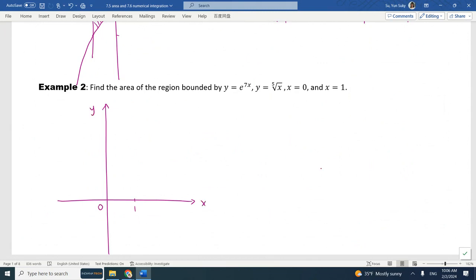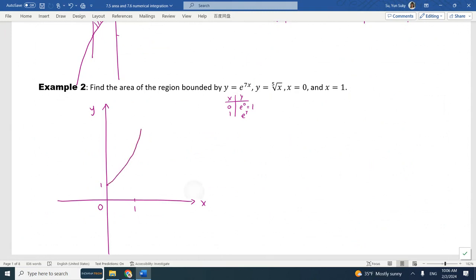And let's see, x, 0, 1. Look at the y. Here, e to the 7 times 0 is 0. What's e to the 0? 1, right? If we plug in 1, it's e to the 7. Okay, I know at 0 it's 1. And then at 1, I know it's going to be a big number.